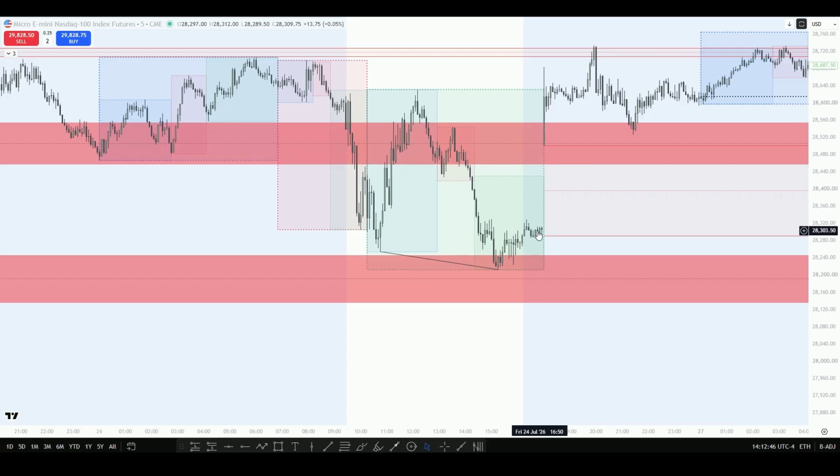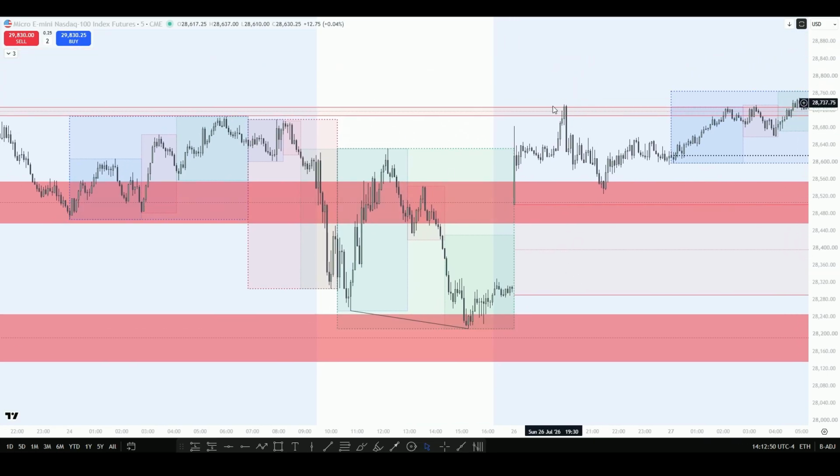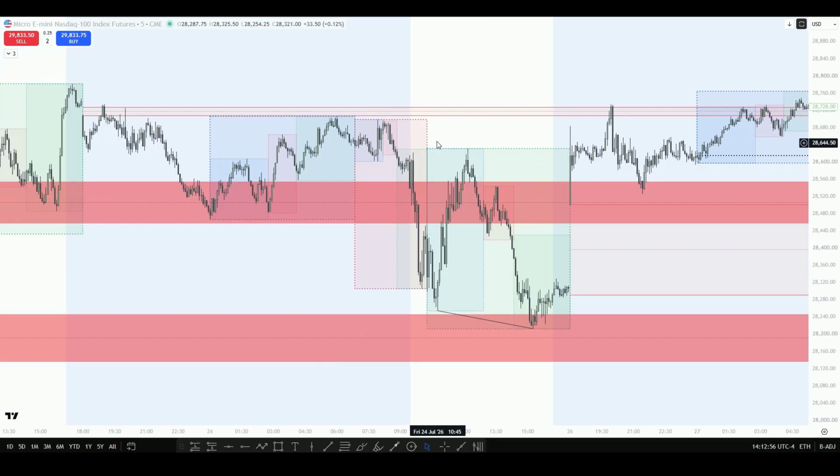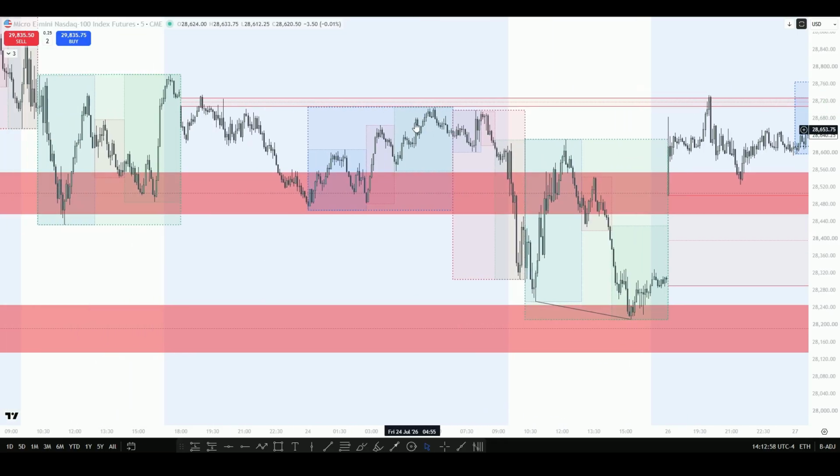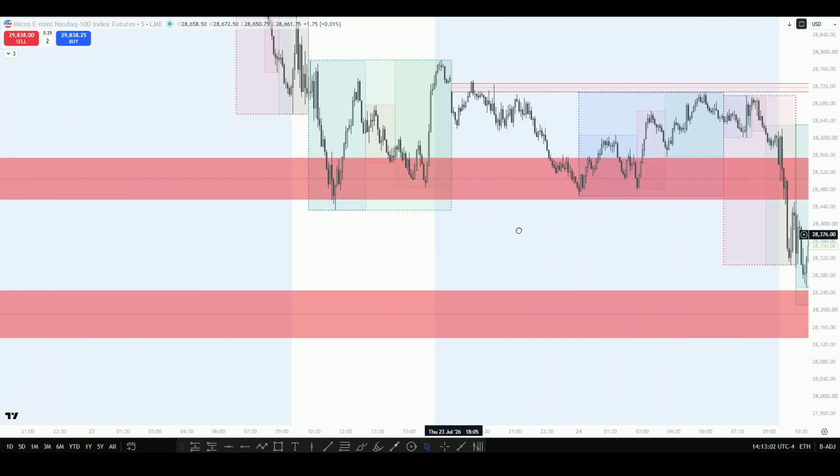So if you hold this overnight, well, you're going to be the lucky winner, trading all the way back to the other new day opening gap back here, sweeping all these relative equal highs.